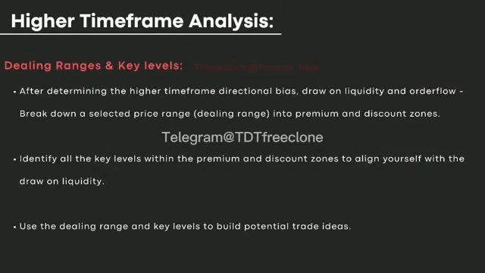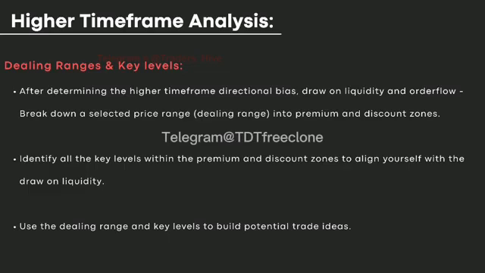Now, let's move over to the next part of analysis where we get into the specifics of price action. After determining the high time frame directional bias, drawn liquidity and order flow, you're going to break down the selected price range, or the dealing range that you are currently dealing with, into premium and discount zones.